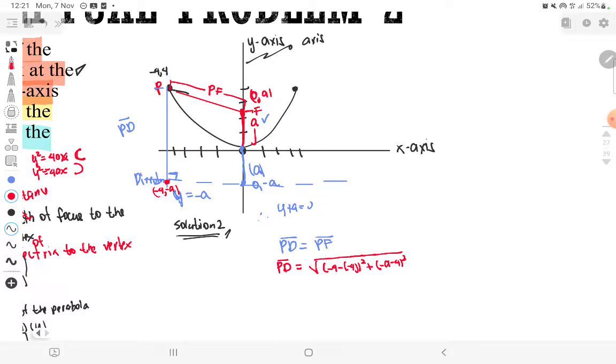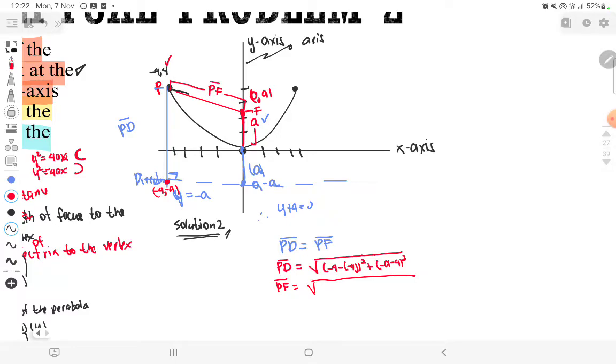Next is my PF. So my PF is simply equal to the square root of, okay, for my point P to my F. So we have my line PF, okay?